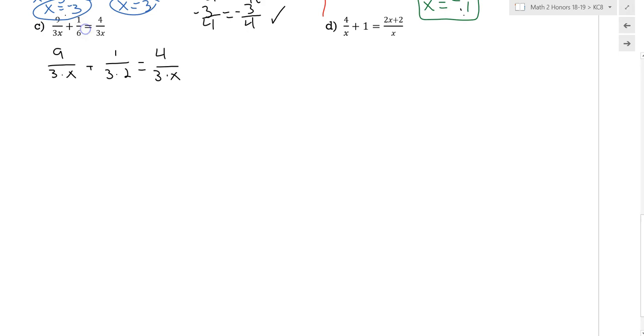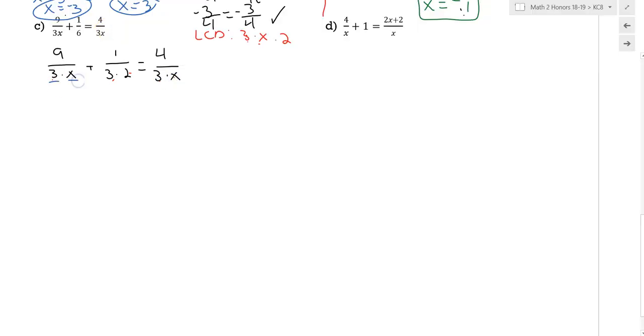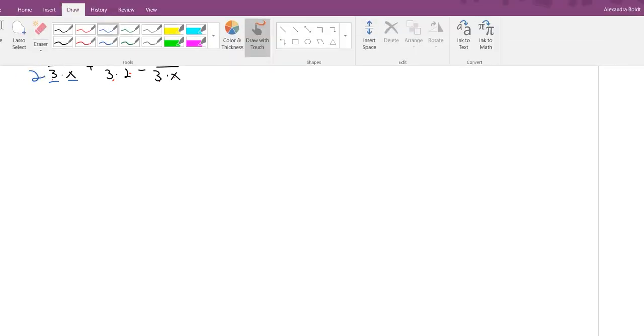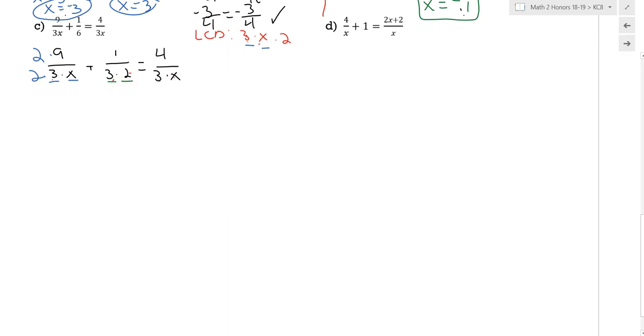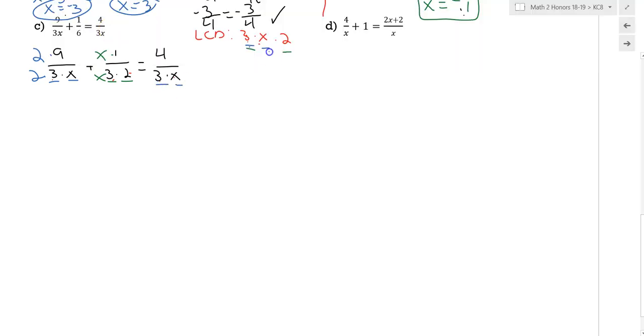So getting our least common denominator, I have a 3 and an x. I've already used 3, I need a 2. This one has a 3 and an x. It's missing a 2. This one has a 3 and a 2. It's missing an x. This one again has a 3 and an x, so it's missing that 2.